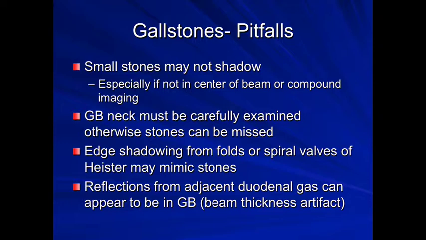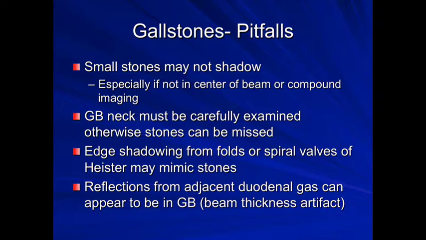And the best way to distinguish these is to try and optimize your imaging with your focal point so that you get as crisp and as clean an image as possible, and with the narrowest beam at that point, and to look from different windows just to determine where exactly the edge of the gallbladder is, to make sure that any reflections that you're seeing actually do arise from inside the gallbladder itself.